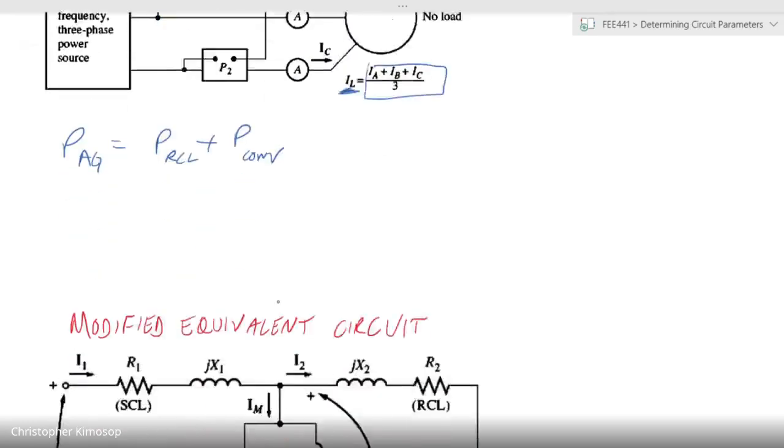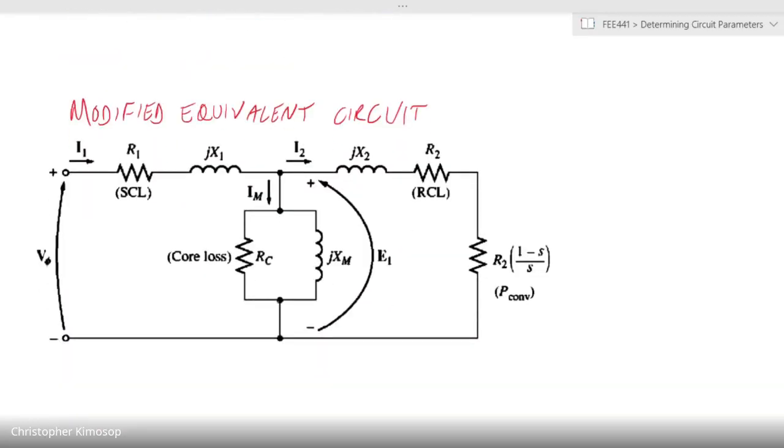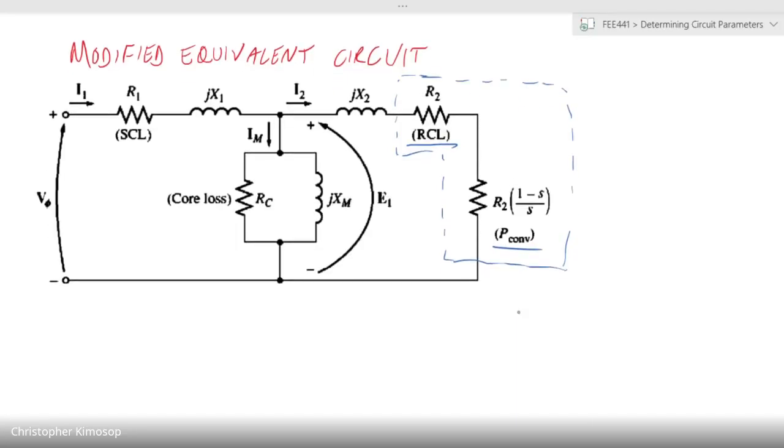We were able to modify our equivalent circuit such that instead of having one element, we now have two elements which represent the rotor copper losses and the converted power. We split those for purposes of our estimations of the elements that we are looking at. Everything else remains as it was in the original equivalent circuit. Okay.